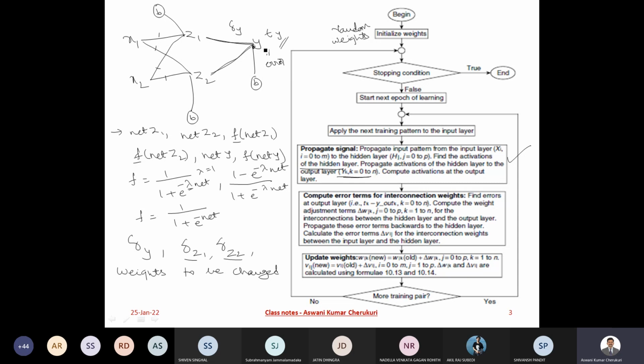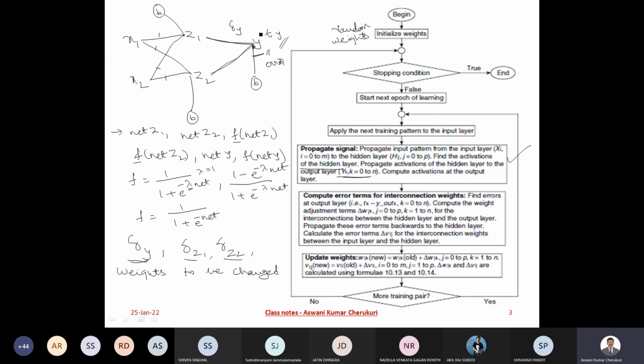In this particular problem, the diagram I have given has only one node in the output layer. So I am going to calculate the error term called del y for the output node.